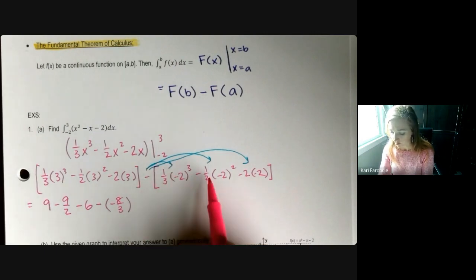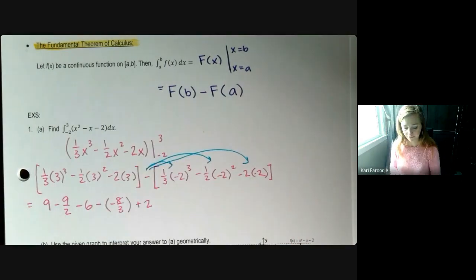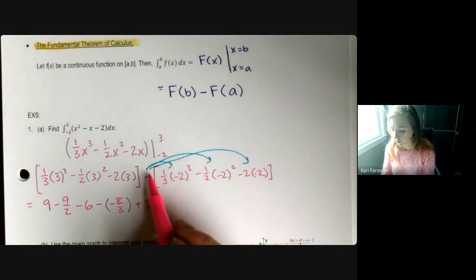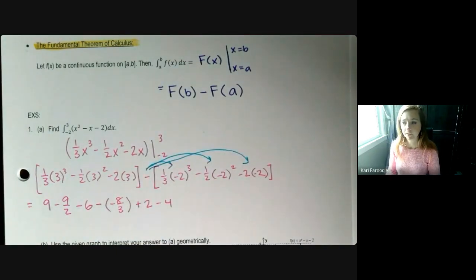And I have minus a negative, so I have plus 2. I know, signs. Oh, always the signs. Negative 2 times negative 2 is positive 4. Distribute the negative, and you get negative 4. And then you're just going to add these up or subtract them, whatever you have to do.